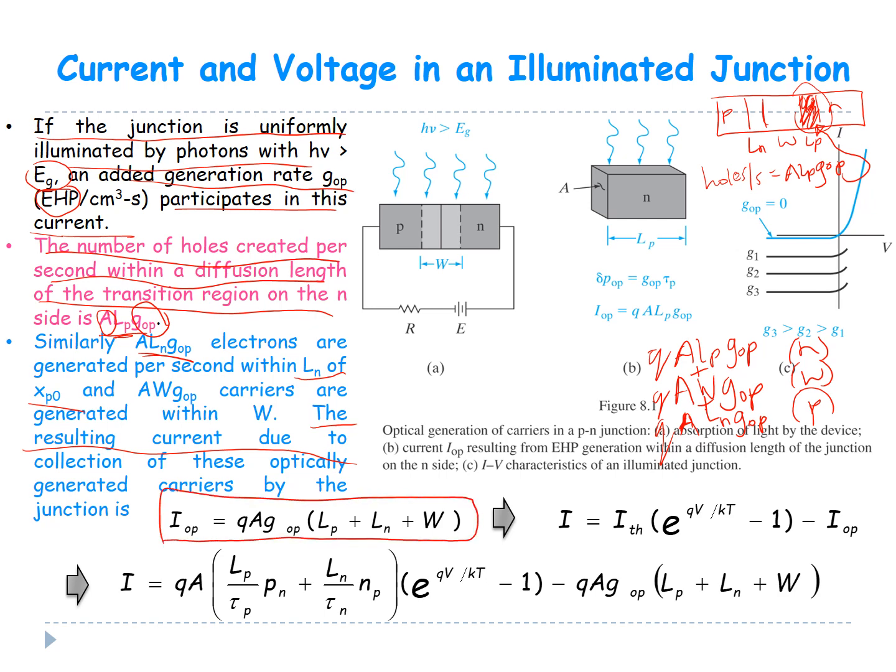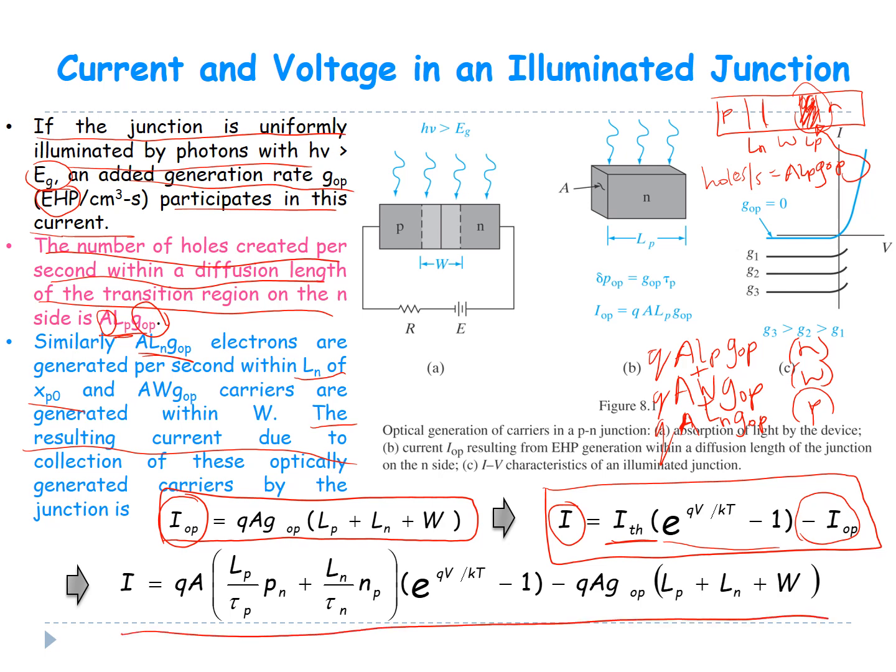So your current due to optical generation is given by that. And if you have this, you can now get your total diode current. Now your total diode current becomes the thermal generation times e^(qV/kT) minus 1, and you also include the optically generated current. So your total diode current equation becomes this very huge thing here.